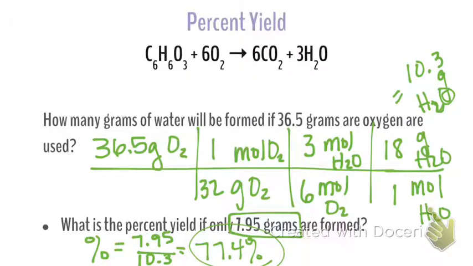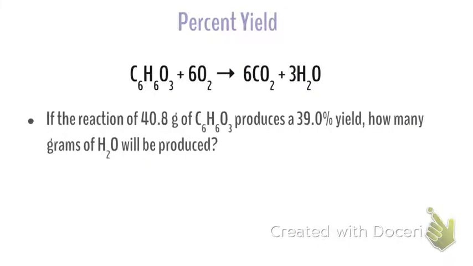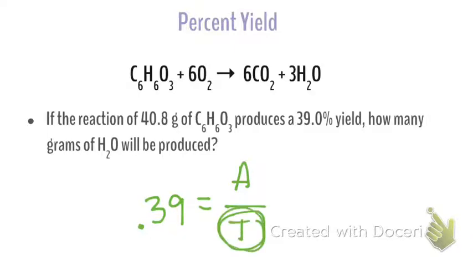Okay. Do this whole problem, but let's say that we have a percent yield. How many grams will be produced? This would mean you would take your theoretical that you get from your T chart. You would do the T chart, you'd get your theoretical yield, and you would say 0.39 equals A over whatever my theoretical is that I solved for in my T chart.